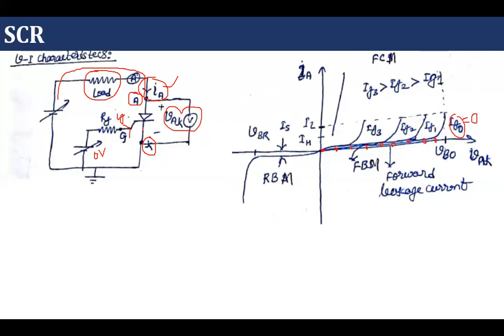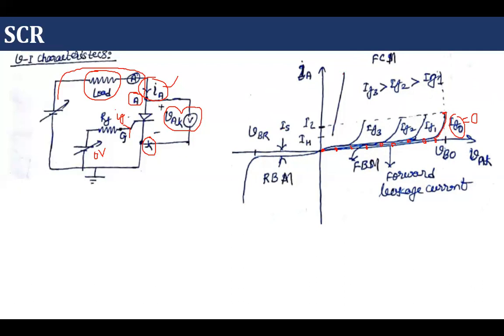But if we go further, a point will come after which breakdown will happen in this junction, and then it will allow a flow of current, and this current will start increasing. When it reaches this point, suddenly the device will go into conduction mode.